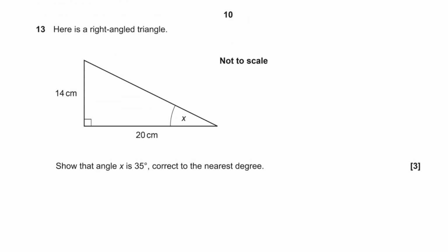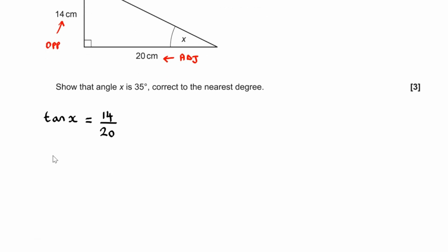Well, what you can see here is the 14 would represent the opposite, the 20 would represent the adjacent, so therefore we have tan x equaling the opposite 14 over the adjacent 20. We need to find out what x is.